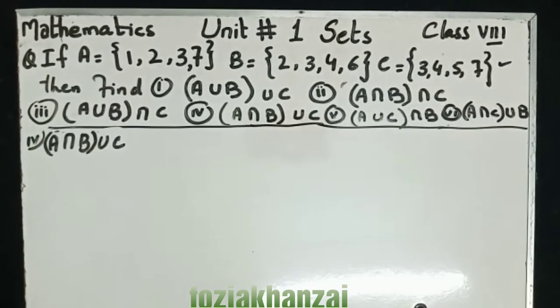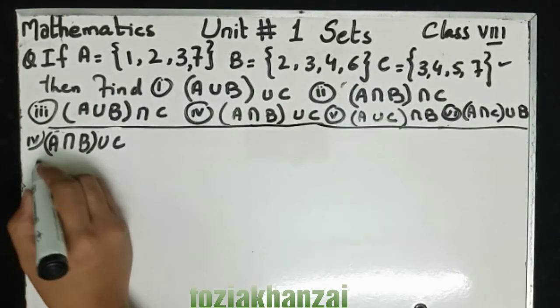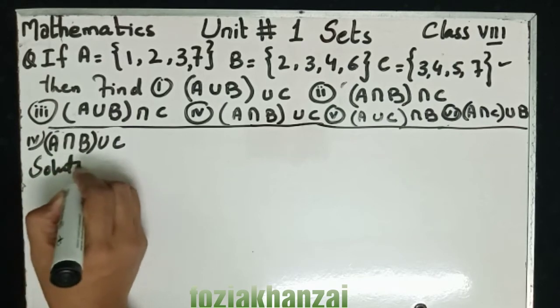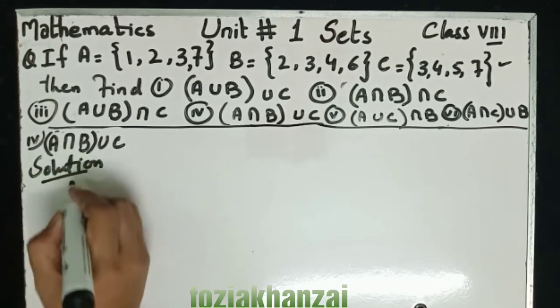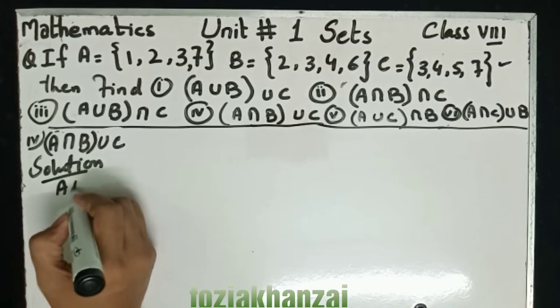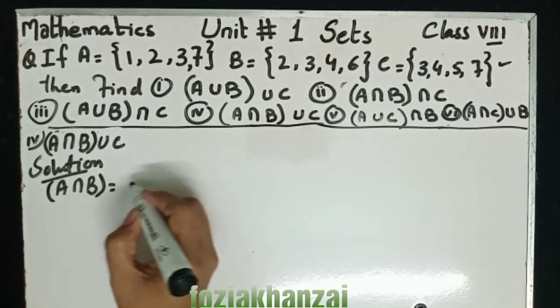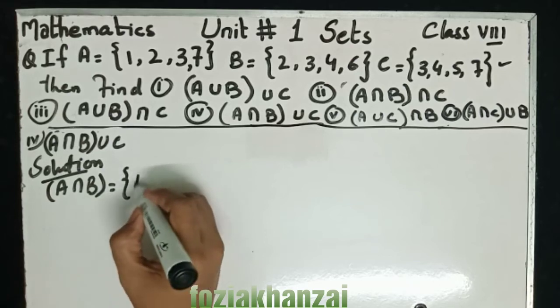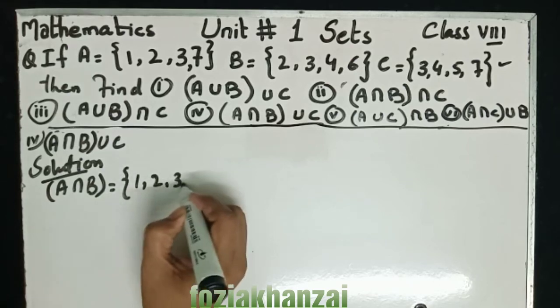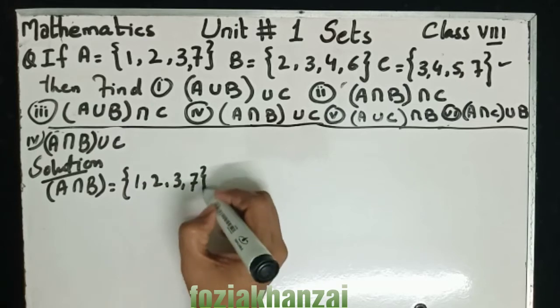Part 4: A intersection B union C. So first we solve the round bracket. Find the intersection, A intersection B, bracket close. Elements of the first set: 1, 2, 3 and 7.